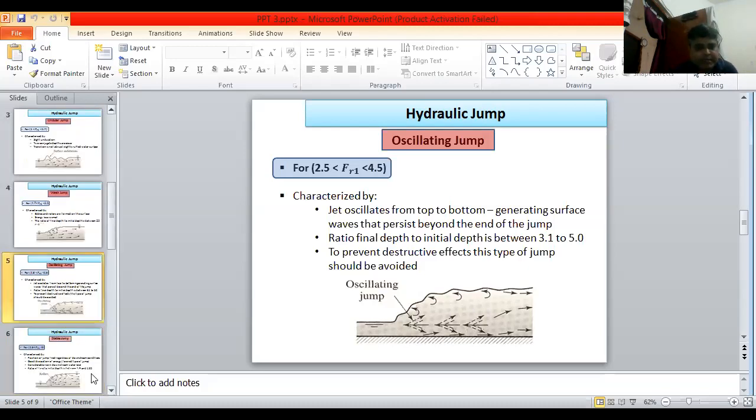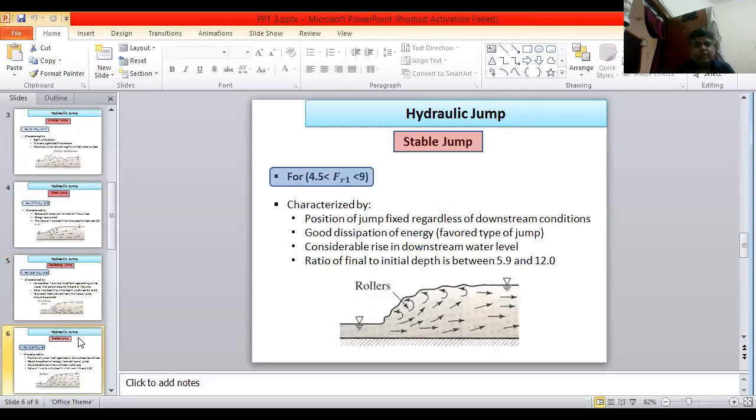Next one is the steady jump. Froude number 4.5 to 9, characterized by the position of the jump being fixed regardless of downstream conditions, good dissipation of energy, an effective type of jump, and a considerable rise in downstream water level.